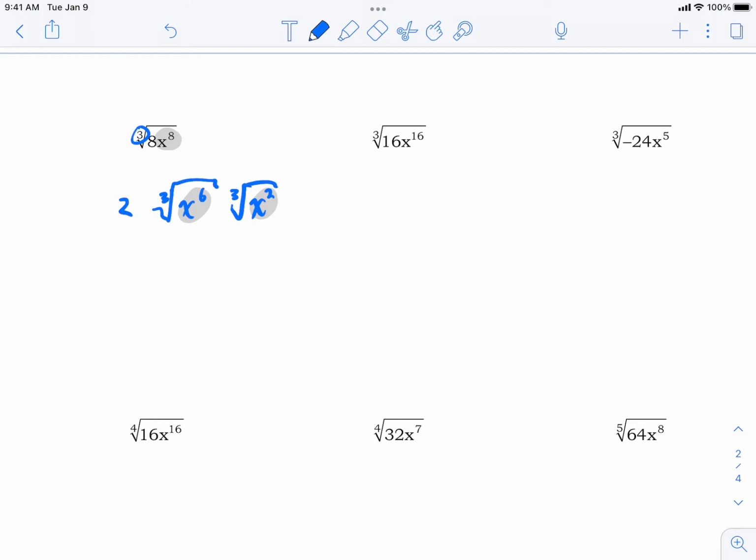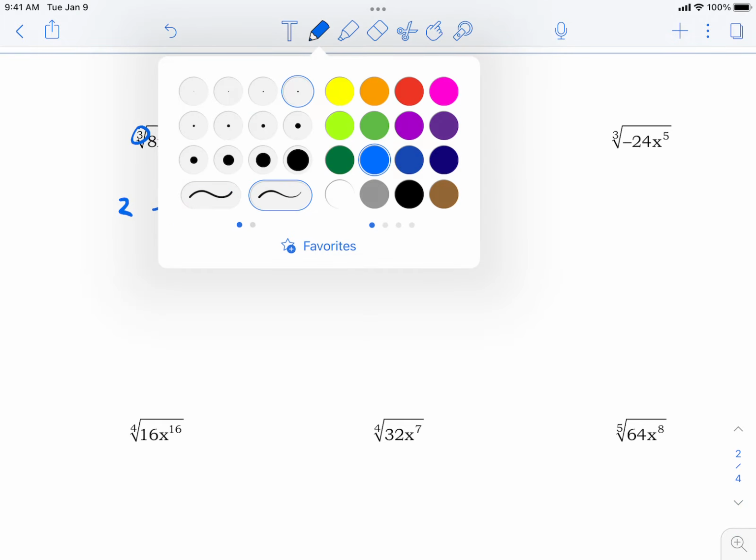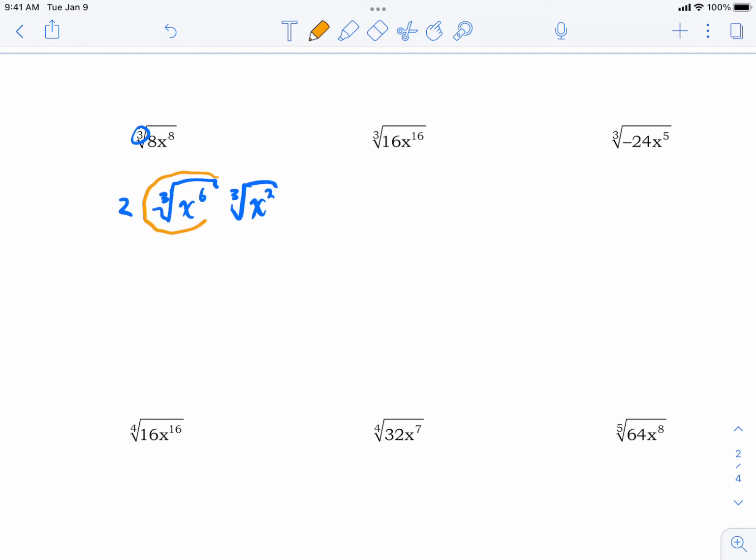That works. Now the whole reason we did this is because we're looking for a piece that we can simplify. This piece we can simplify because if you take 6 divided by 3, you get 2. So I got my 2 out front. That becomes an x squared, and this is stuck here as an x squared. And there she blows. Cool.